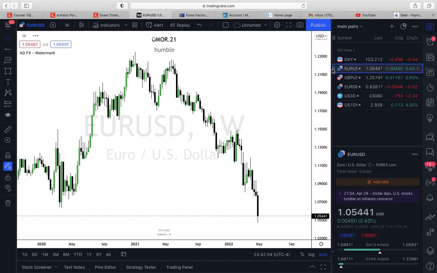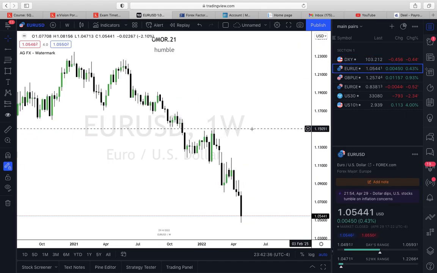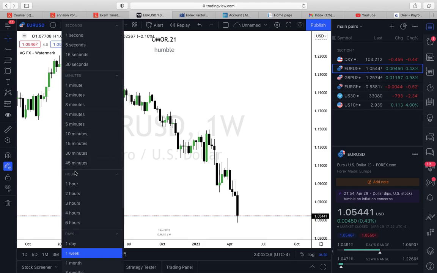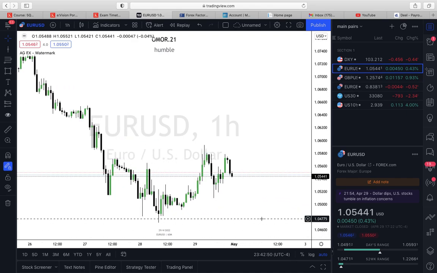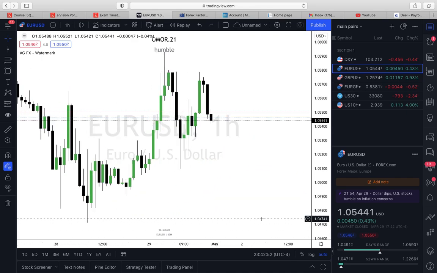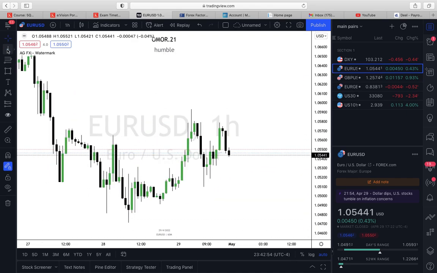Now, in terms of how price traded, I don't know what's wrong with my chart.